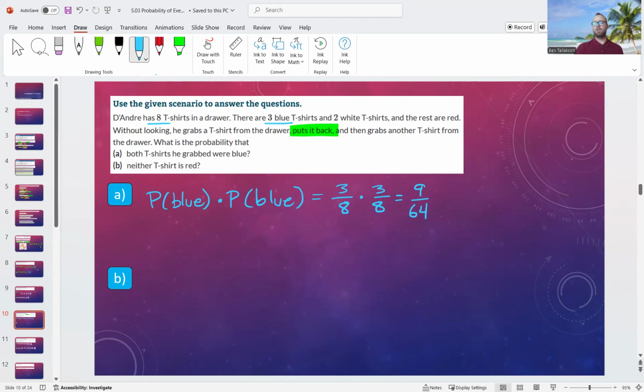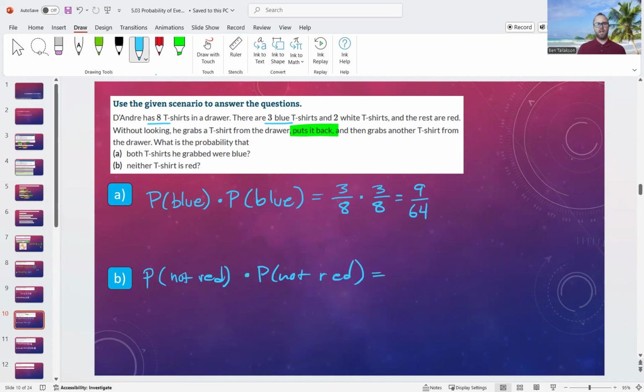Again, a low probability, and that makes sense. He's got different shirts with different colors, not very likely to happen twice in a row. Now, what's the probability that neither shirt is red? So these are still independent events. So we're going to put probability that it's not red times the probability that it's not red.